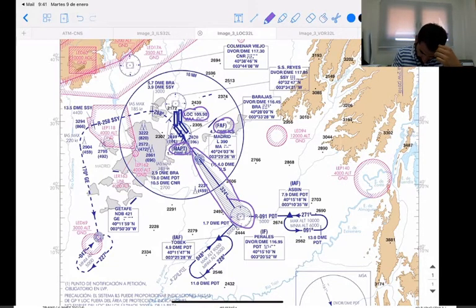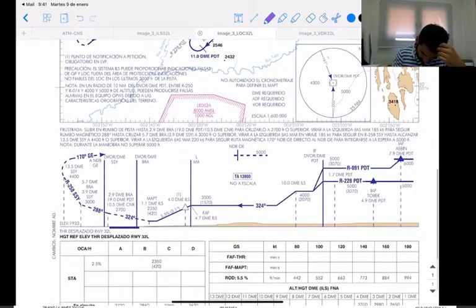You can see it also here. We have defined the FAF and the missed approach point, which is defined as 1.1 nautical miles from the distance measurement equipment of the ILS at a given altitude.